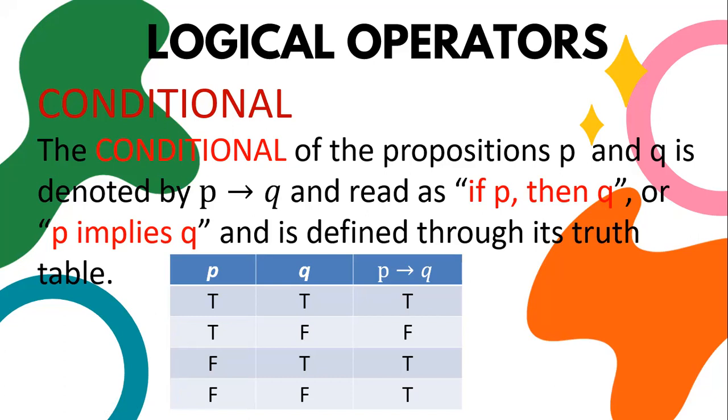Kapag naman sa disjunction, kapag parehas na proposition ay false siya, all the rest ay true. Okay? Sa conditional naman, true lahat, maliban kapag si P ay true at si Q ay false, yun lang yung magpo-false doon. Okay po?